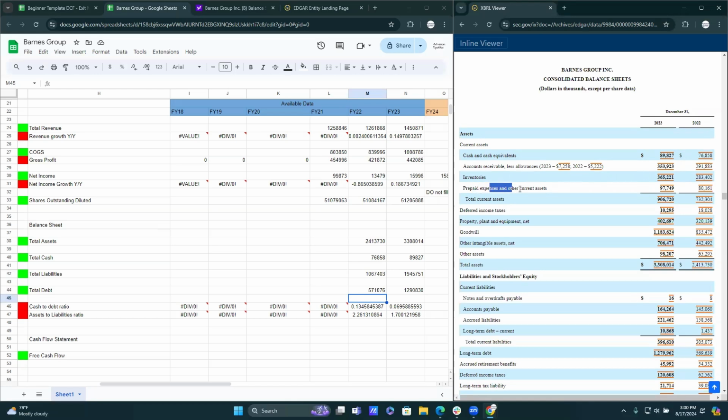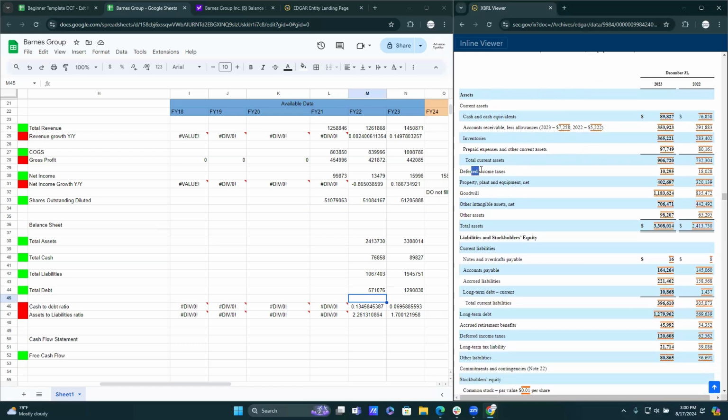Our prepaid expenses and other current assets. Those would be any sort of expenses on those assets, and also current assets. Or I'm sorry, prepaid expenses are kind of what other companies are giving to this company. Other current assets are also anything else. They can't always include things because they try to consolidate this, so there are other assets they don't include.